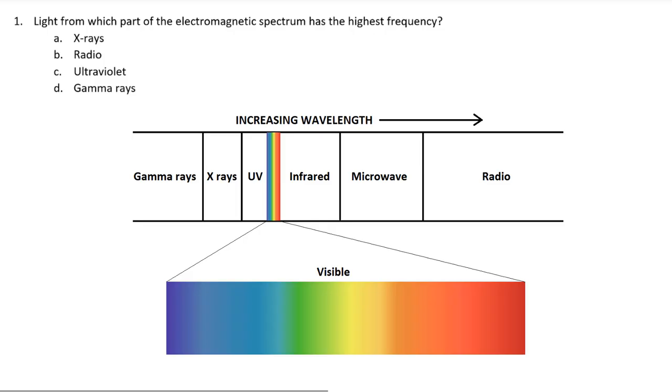Since v equals f multiplied by lambda, the velocity of the wave is equal to the wave frequency multiplied by its wavelength, and also since the speed of light remains the same in a particular medium, then we know that frequency is inversely proportional to wavelength. Therefore, as gamma rays have the shortest wavelength, they also have the highest frequency. Therefore, the correct answer to this is option D.